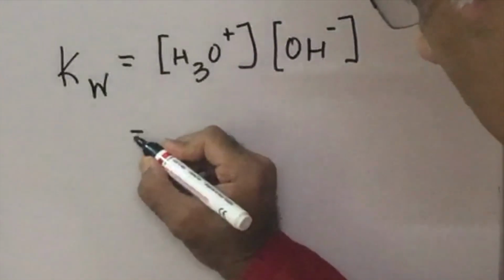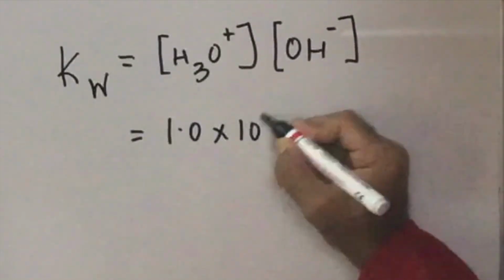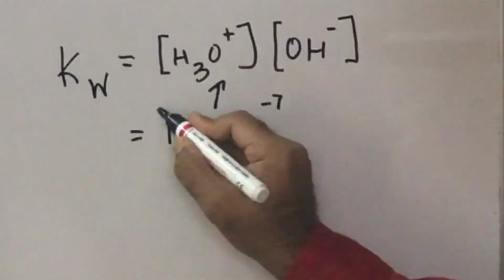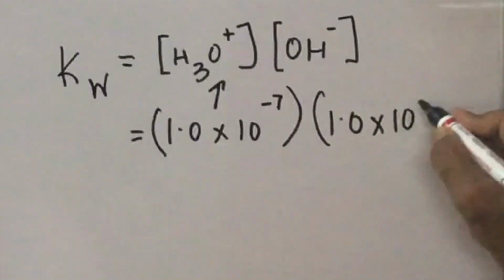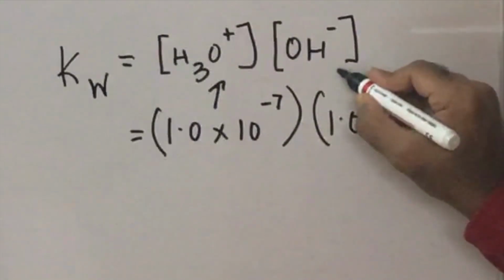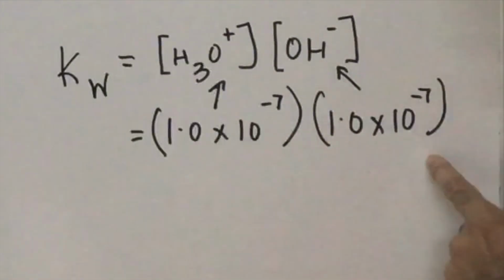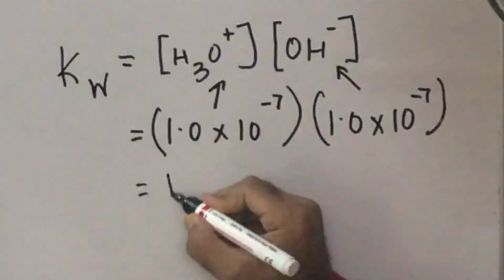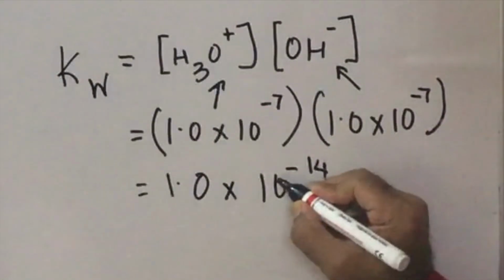But what is it made up of? It's made up of 1.0 by 10 to the negative 7 for this H3O positive, and another 1.0 by 10 to the negative 7 for this OH minus. And for the product of this, you add these indices and you get 1.0 by 10 to the minus 14.